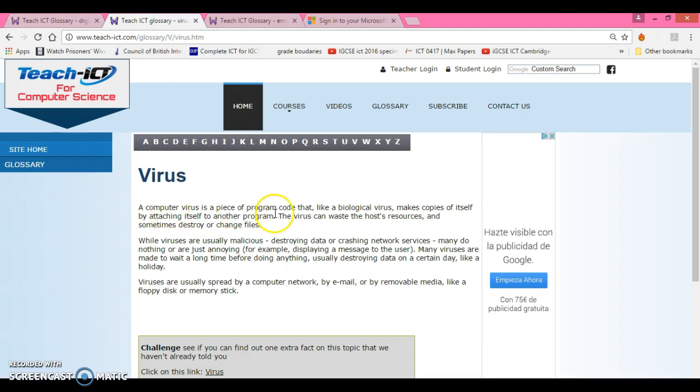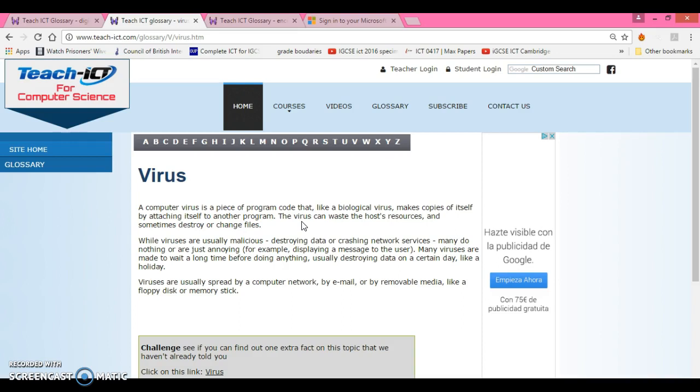A computer virus is a program code that, like a biological virus, makes copies of itself to attach itself to another program. So think, for example, if you get a cold. A cold is designed to probably give you a headache, make your eyes water, block your nose, and generally make you feel really, really ill.